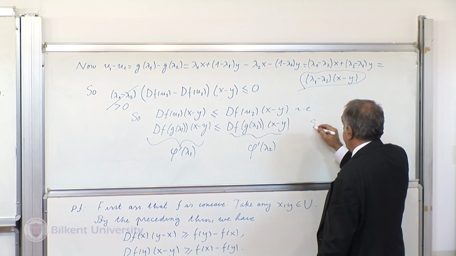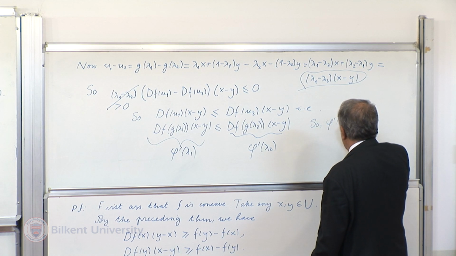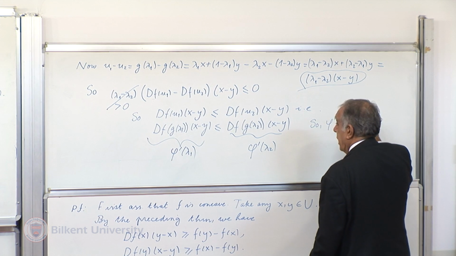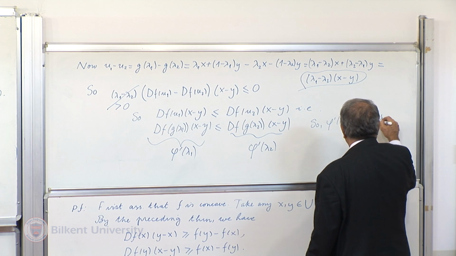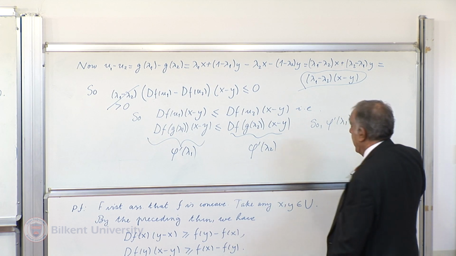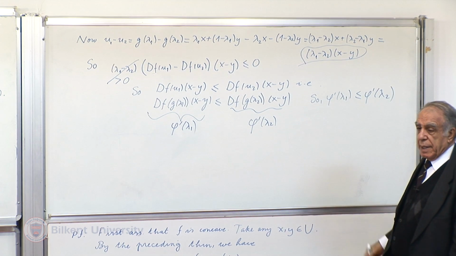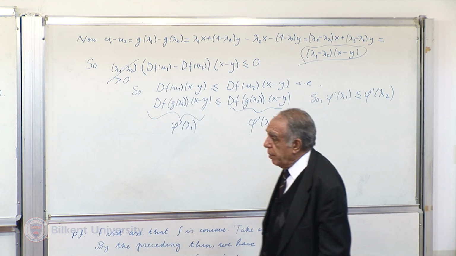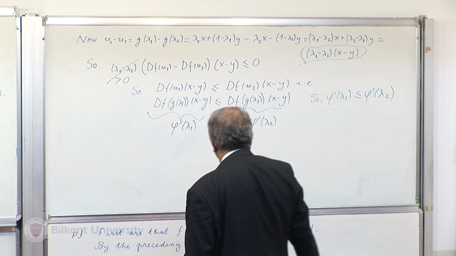So phi prime lambda 1 is less than or equal to phi prime lambda 2. But what does that mean? Lambda 1 was larger than lambda 2.